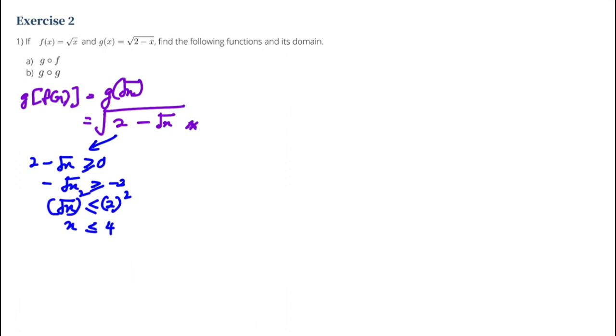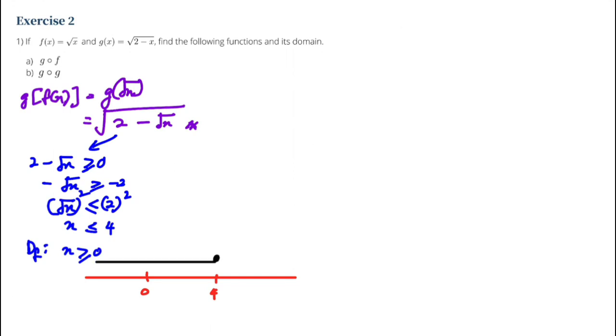So this domain of the final expression must intersect with the domain of the inner function. What is the domain of the function f? x must be bigger than or equal to 0. Then we have to combine these two domains by using a line graph. So we have here 0 and 4, and the domain for the final expression is less than or equal to 4, and this one should be a dot.